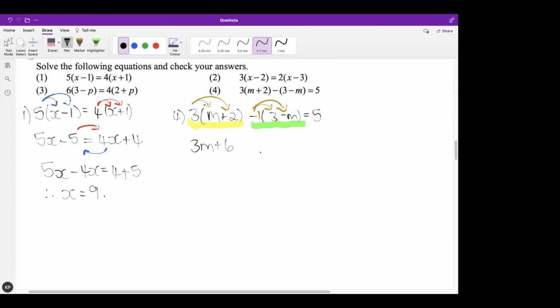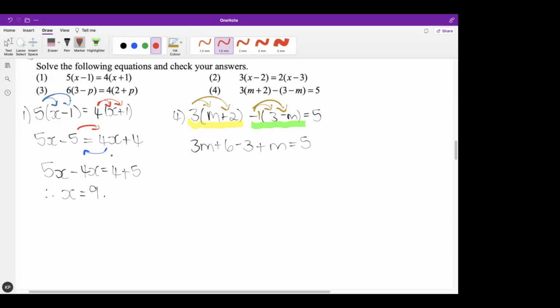And then negative 1 times 3. Negative 3. And negative 1 times negative m. Positive m. Equals 5.